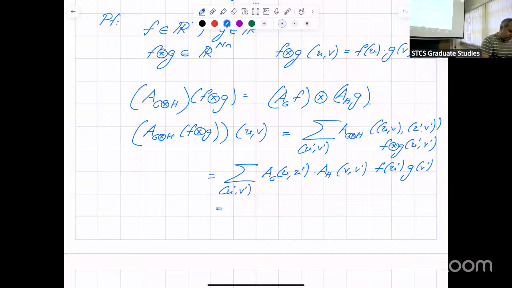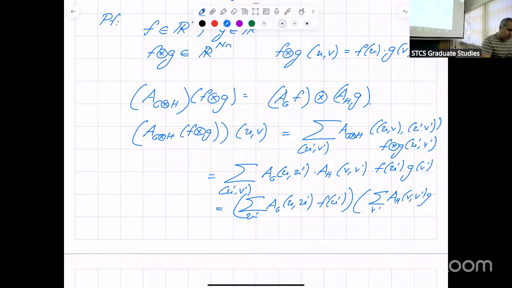So this splits into two sums: the sum over U prime of A_G(U, U prime) F(U prime), times the sum over V prime of A_H(V, V prime) G(V prime). So what will this be?